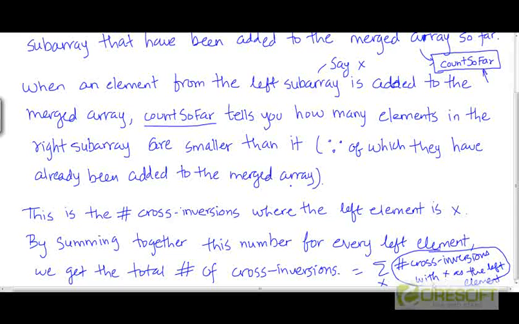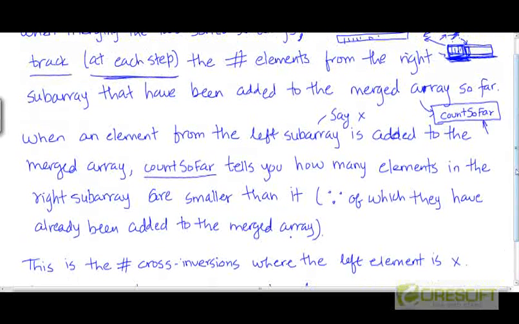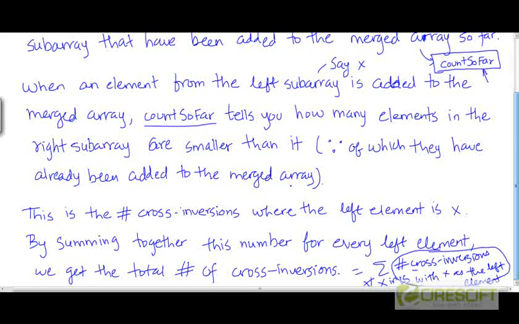And we're going to do that for every element in the left subproblem. Okay, so for all x in the left subproblem, we sum together the number of cross inversions where x is the left element. And that's the counter value at the time when x is being inserted. So this summation is going to be the total number of cross inversions.